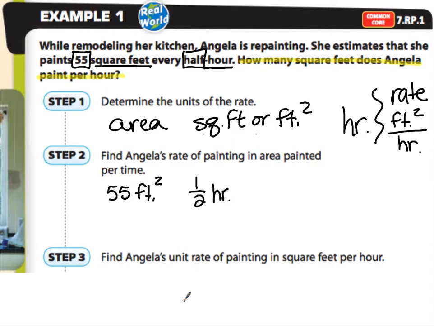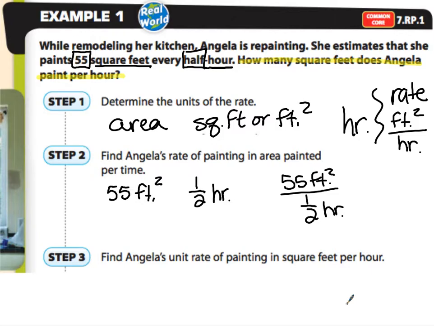All right. So now to write this as a rate, I write it in fraction form. So 55 square feet in half an hour. And again, this is what we call a complex fraction, which you should have seen in your vocabulary that you did first.